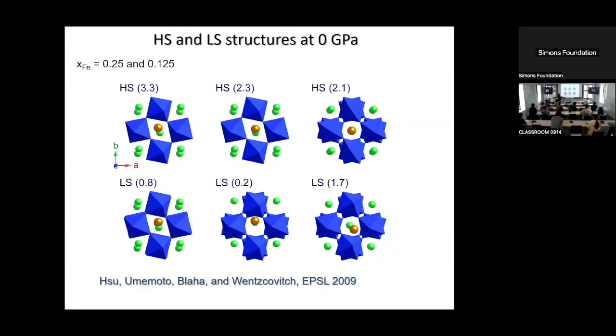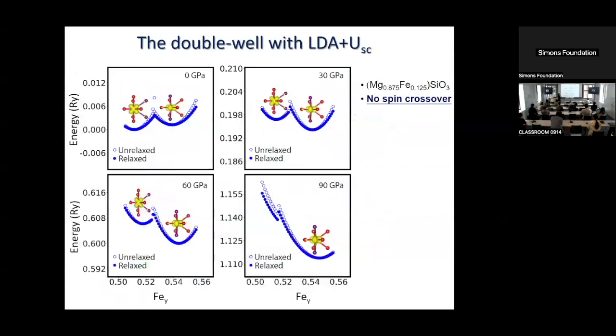So what's the difference between these two states? It's the y coordinate of the iron. And as you can see here, this is the energy. It's a constant. This is 0 GPa, 30, 60, and 90 GPa. Of the two states we found, at zero pressure, you find this state. This is the charge density of the minority electron.